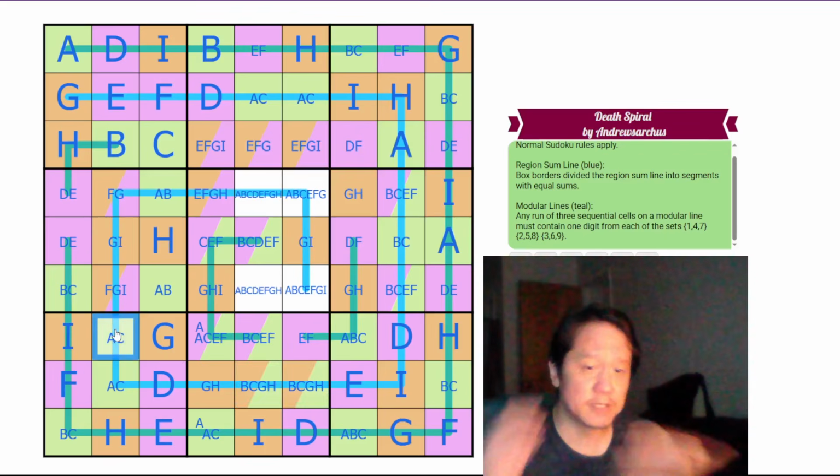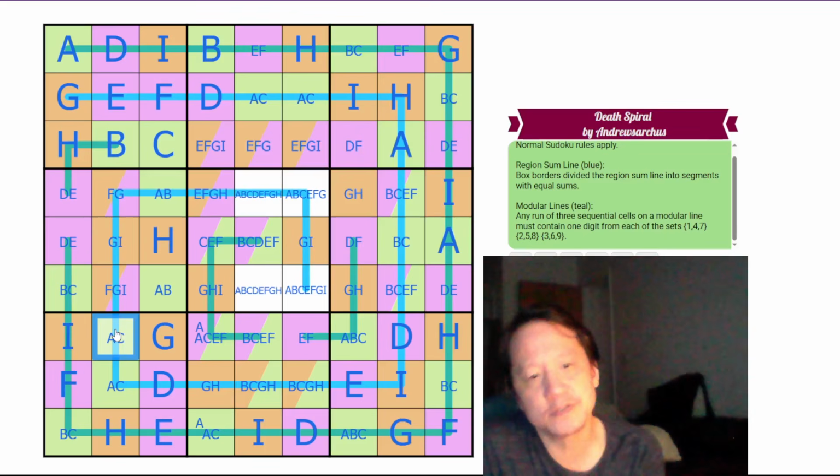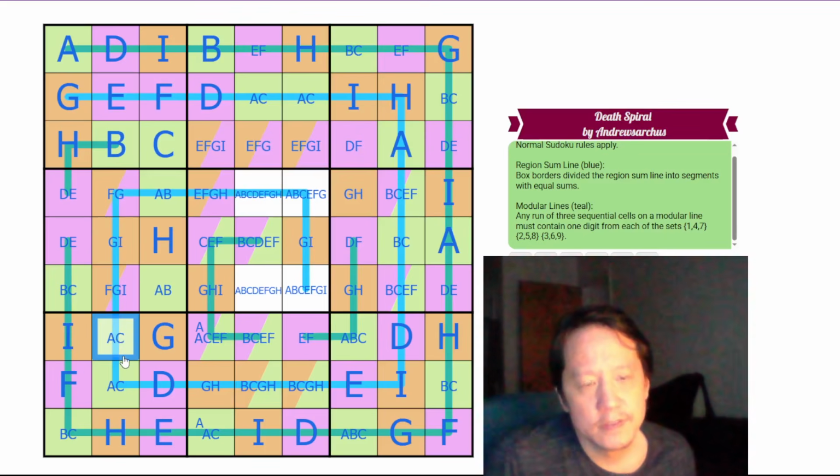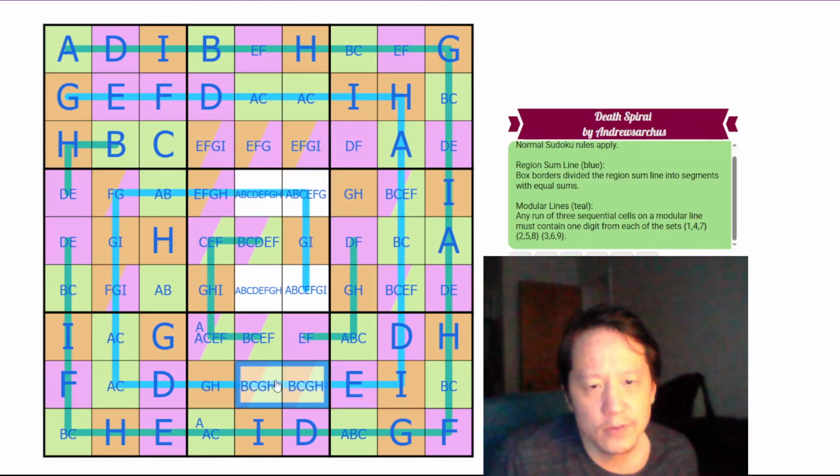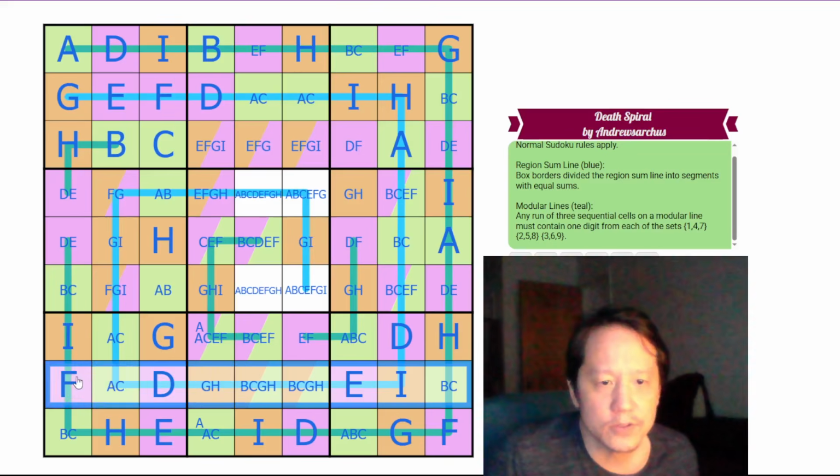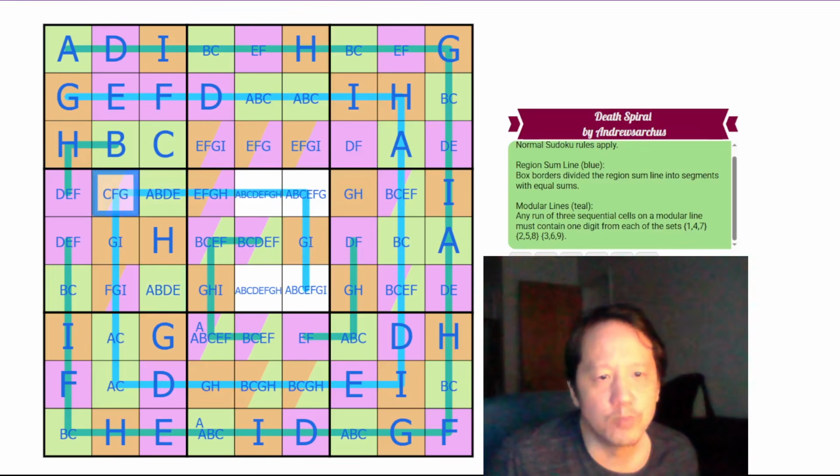Oh, so basically we've gotten this as C both times. Because A has to be one of these two, cannot be here. So therefore A can't be here, A can't be here. So where's A in row 8? It has to be here. Right, so either way, okay, so that's interesting.